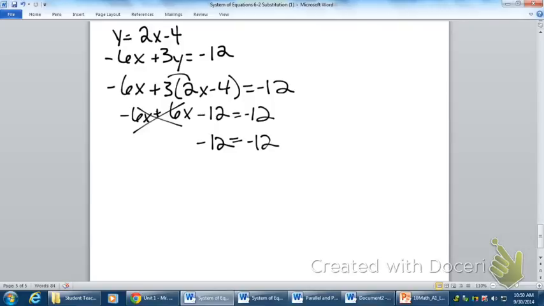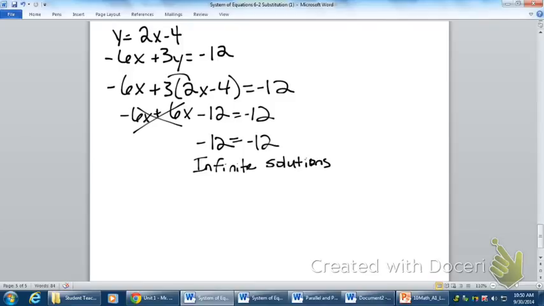Look back at your notes to see what that means. That means there is an infinite amount of solutions, if the x or y cancels out. Because you have that negative 12 is equal to negative 12, there's an infinite amount of solutions.